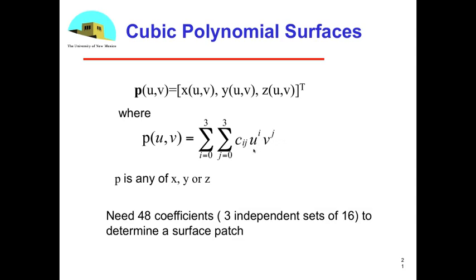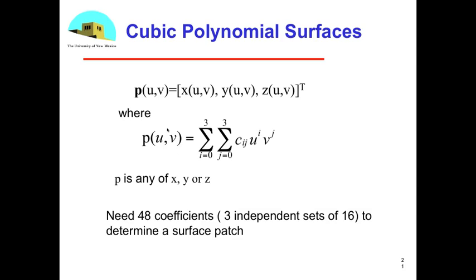So you have 4 possibilities for powers of u, 4 for v, so you have 16 possibilities. For each of x, y, and z, you're going to have 16 equations and 16 unknowns for some set of conditions that we're going to talk about next time, and they're independent of each other. So you have 48 coefficients here because this is an equation in x, y, and z, but I'll be able to deal with x, y, and z separately.